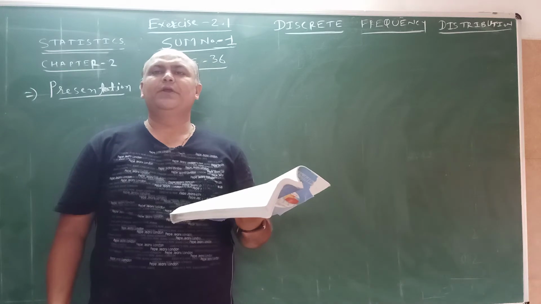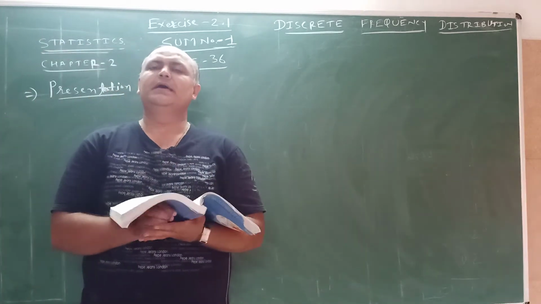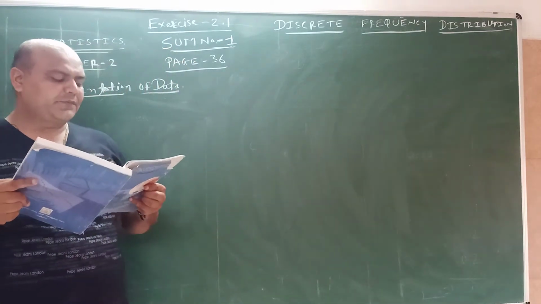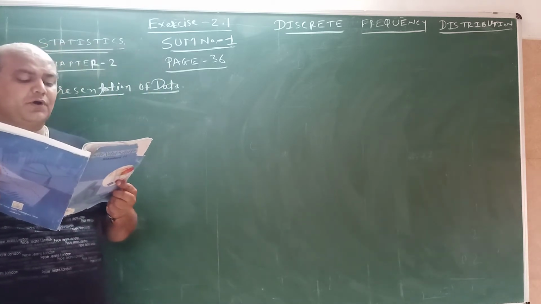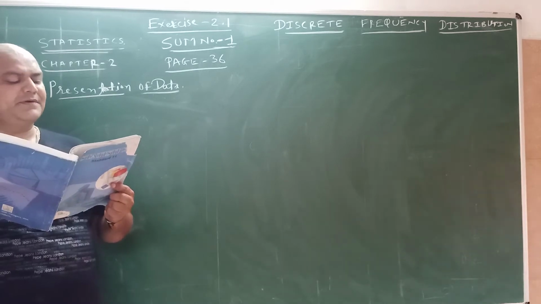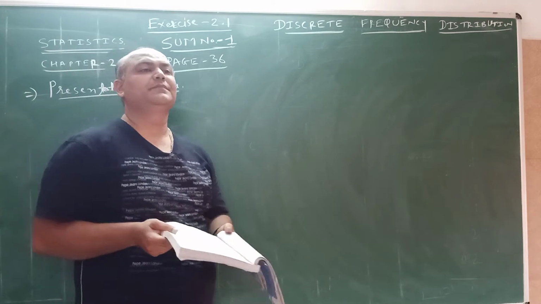Let's open your textbook, page number 36, sum number 1, exercise 2.1. The question is: the data regarding the number of children of 50 families residing in a certain area are given below. Prepare appropriate frequency distribution.